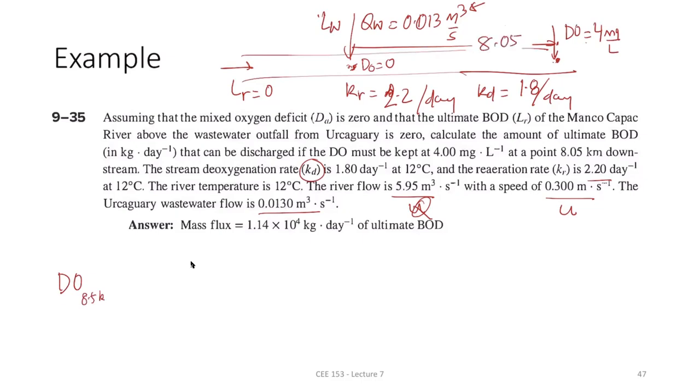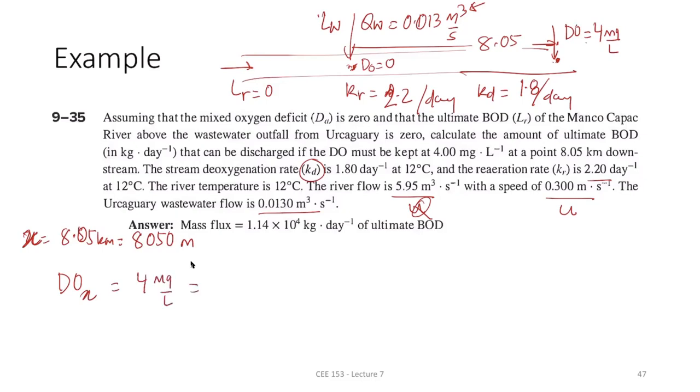So that's the value, x equal to 8.05 kilometers. That means it will be 8050 meter. That's the x. Okay, so DO at x at that spot is 4 milligram per liter.